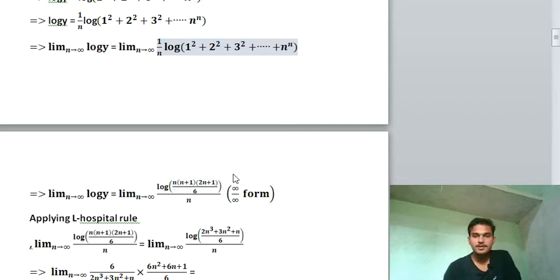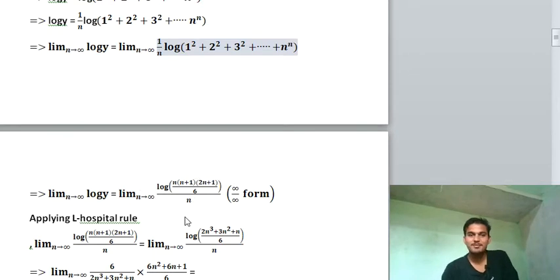And the denominator is n, so when we place infinity in the place of n, it will also be infinity, so it is an infinity by infinity form.